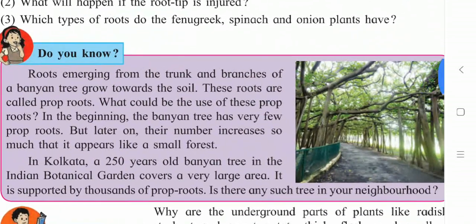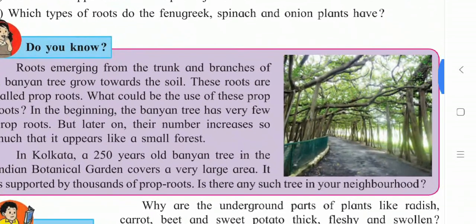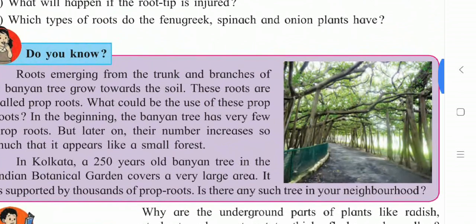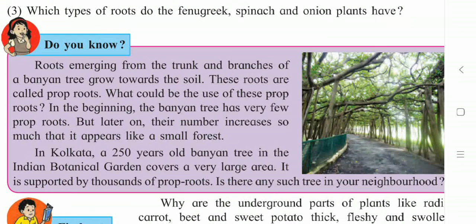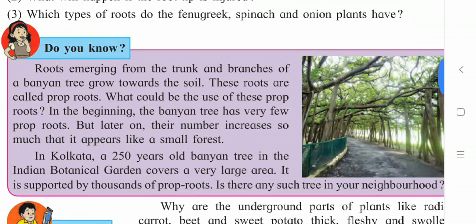You may have seen banyan trees near your surroundings. The trunk and branches of a banyan tree grow towards the soil again. These roots are called prop roots. These banyan trees carry prop roots. They grow again from up to down direction and fix again into the soil.